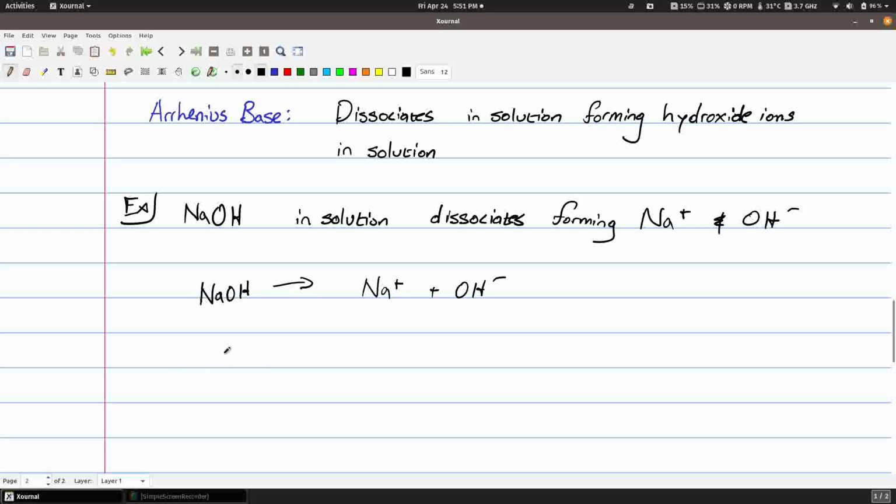So strong acids and strong bases. This is something you need to be aware of. Strong acids and bases dissociate, meaning they dissolve 100% in solution.